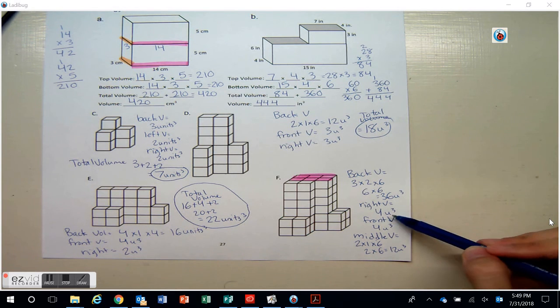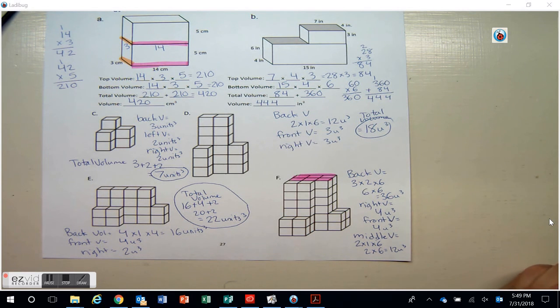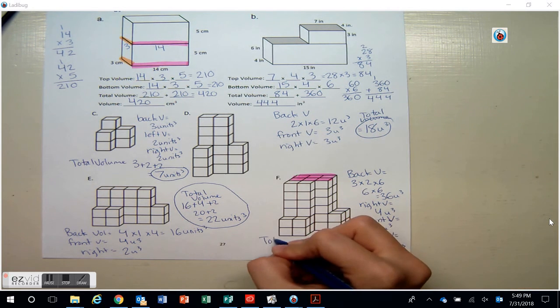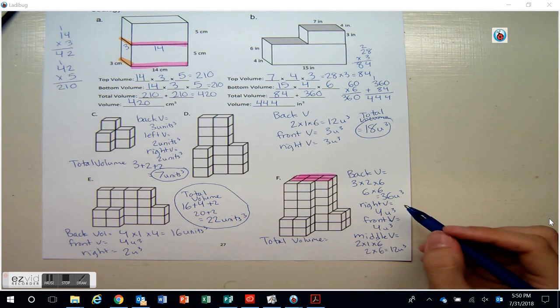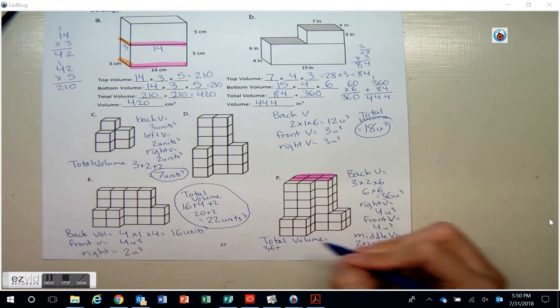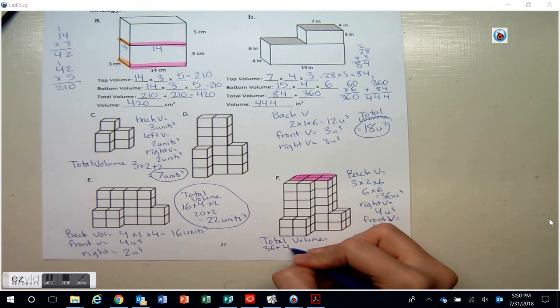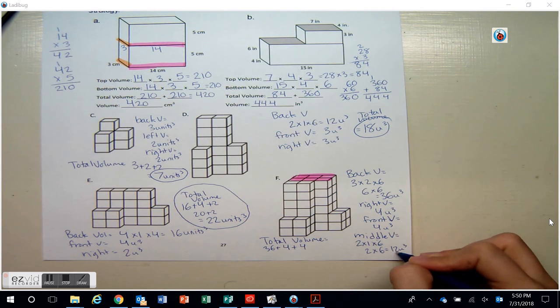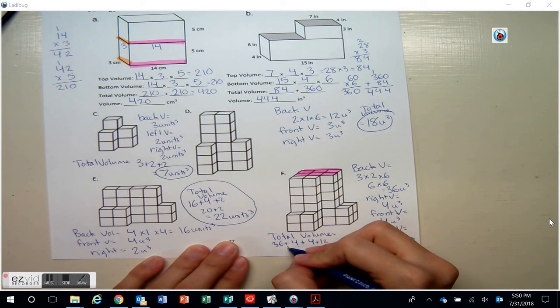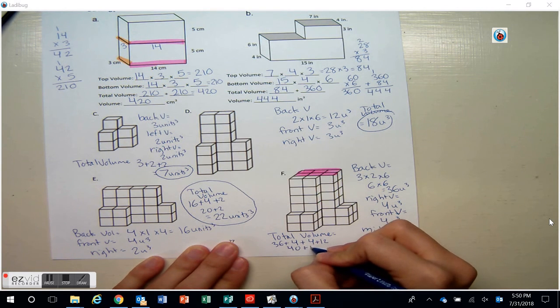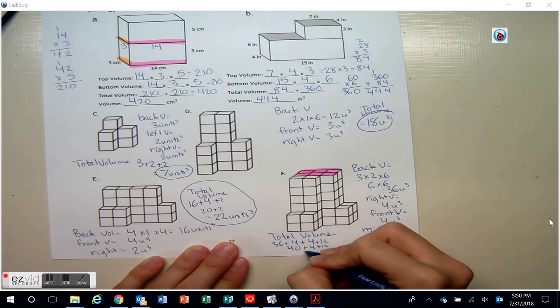Ooh, I found 1, 2, 3, 4 separate volumes, and now I need to find the total volume. Well, I'm going to add 36 plus 4 plus 4 plus 12. Okay, 36 plus 4 I know is 40. 40 plus 4 I know is 44.